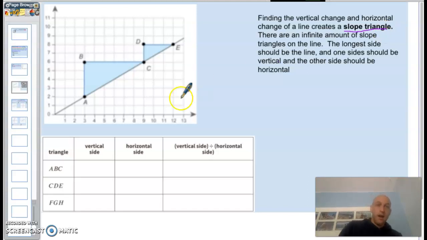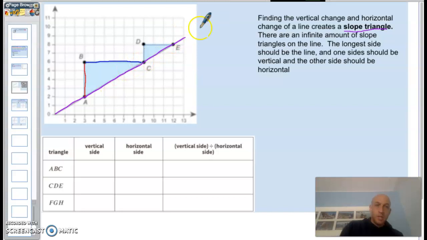So if we look at our first slope triangle, you see a triangle with points A, B, and C. The longest side is the line that we're looking at. We're looking at this line here, the purple line that goes all the way through. And on this slope triangle, on ABC, right, we have the red side, the blue side, and the purple side.